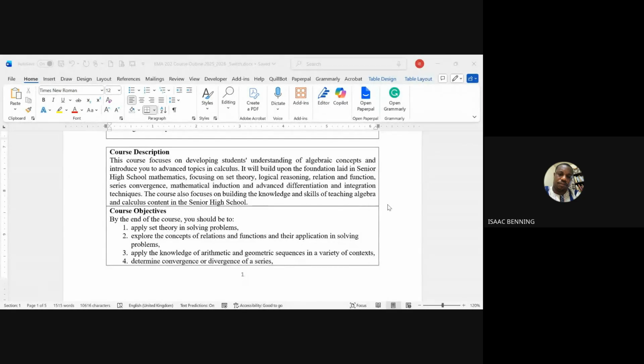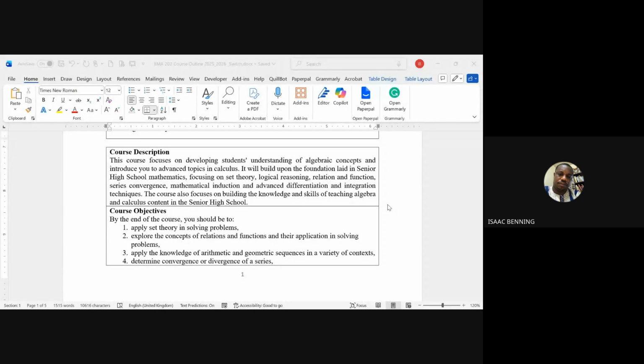In addition, your level of understanding of the topics in these focus areas should be higher than that of the SHS. So many of the topics will go deeper than what you have done at the SHS level, or you are expected to go and teach at the SHS level. Hence the title Advanced Algebra and Calculus.